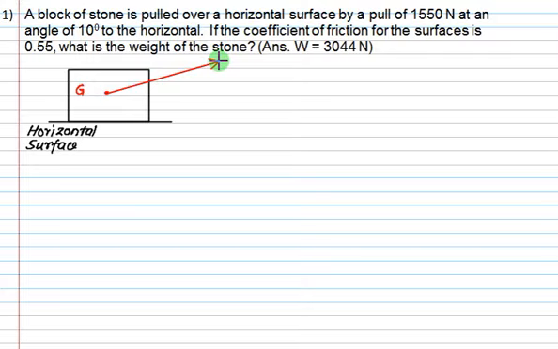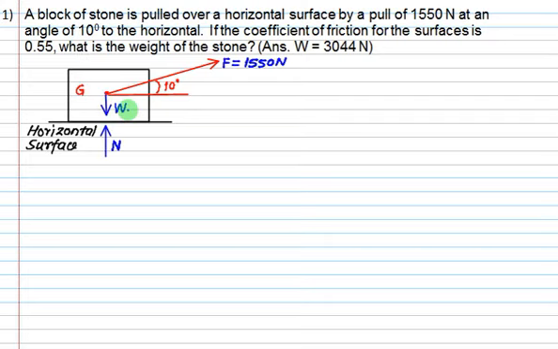Will you apply the pull on this side or on this side? You want to move this block, so will you apply the pull like this or like this? Always upward. How much is this angle? This angle is 10 degree. You want to find out the weight of the stone.